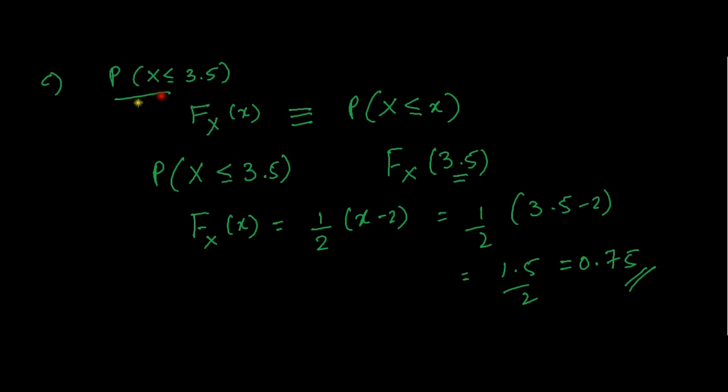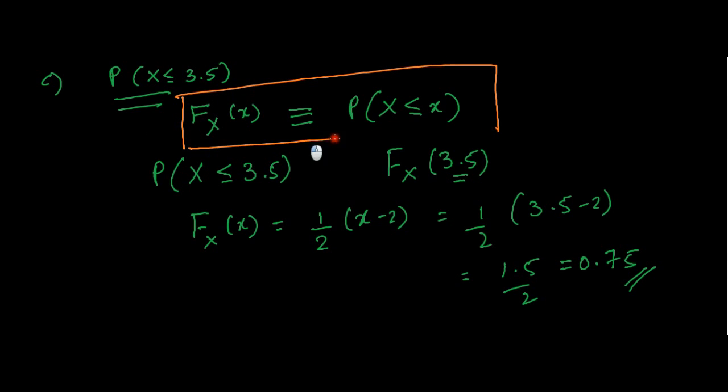So this is the value of the probability of X less than or equal to 3.5. Just remember this identity, which will be useful for 1 mark questions which will appear in GATE related to random processes and all the probability related questions. This is called the cumulative distribution function.